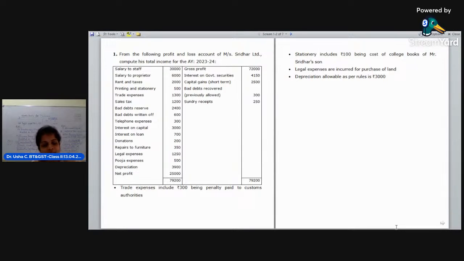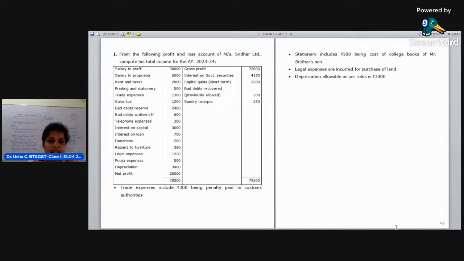So, this is about the debit side part, this is the total of the debit side. And on the credit side, we have gross profit. Of course, it is a profit.